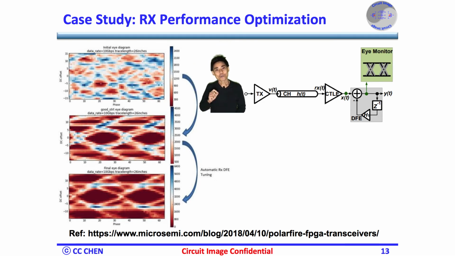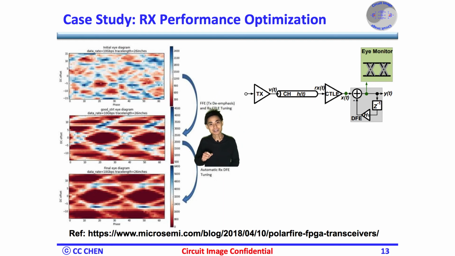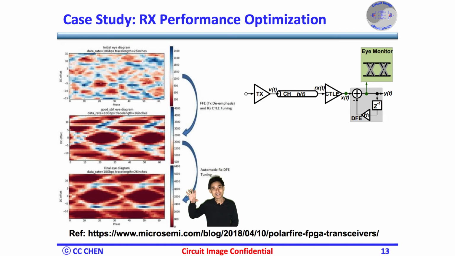But with the TX FFE and CTLE, you can start to see the open eye. Furthermore, the DFE would open the eye even bigger in both eye width and eye height. Of course, we don't know if they apply the eye monitor to the adaptation, but the internal eye can be observed through the internal eye scan for sure.